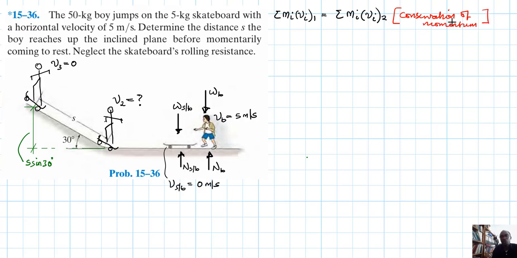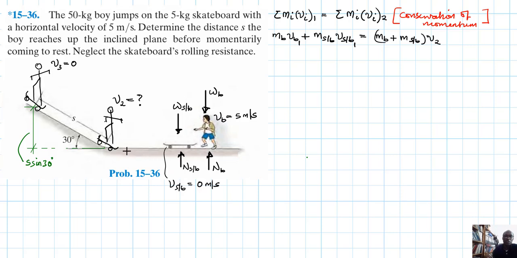Right, so let's work it out. For this conservation of momentum, we have m_B times v_B plus m_SB times v_SB, equal to, in the first state, and then in the second state we have m_B plus m_SB times v2.